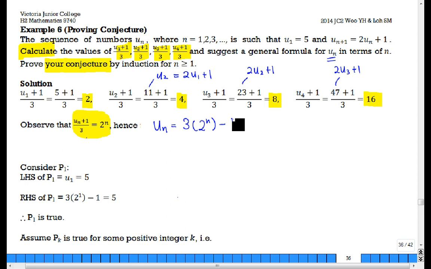Okay. Some of us may ask, why do I need to prove? I have shown correct one. 2, 4, 6, 8. Follow pattern, of course correct. Remember my example, what example did I give? VJC boys are handsome.